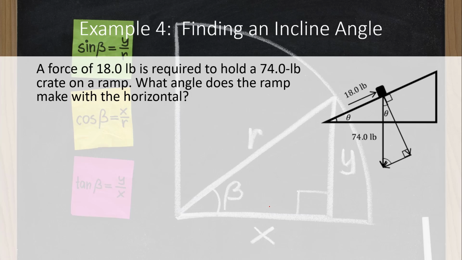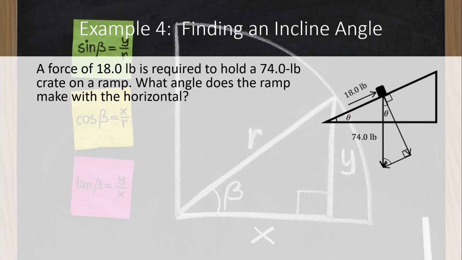Now, this is basically a similar problem. Here we actually have a crate. It's 74 pounds. It is on a ramp, and we're assuming that all this is frictionless. And we have a force of 18 pounds pushing against the crate. And the question here is, what angle does this ramp have to have so that this doesn't move?